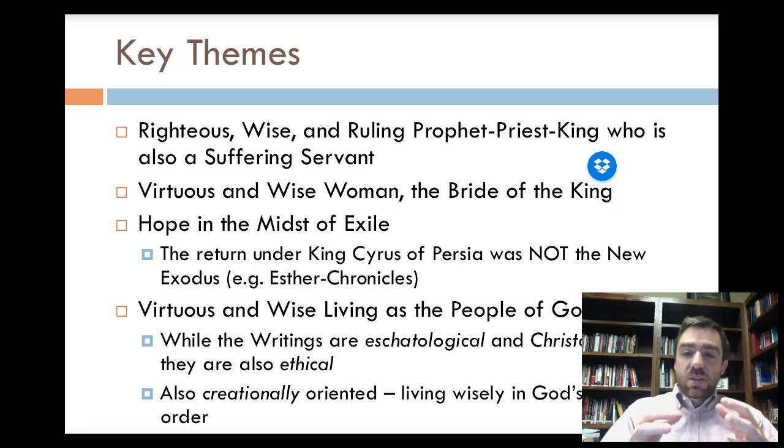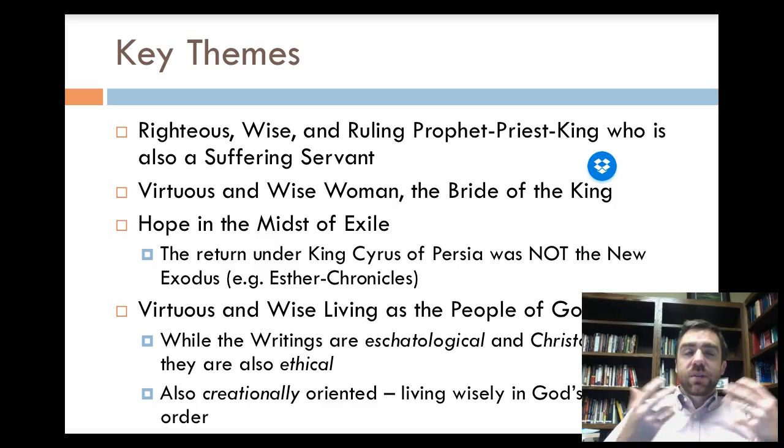In other words, the message is that the return under King Cyrus in Ezra and Nehemiah is not the new Exodus that the former prophets are looking for, or the latter prophets. And it's also talking about how the people of God can live virtuously and in wisdom. So they're eschatological and Christological, but they're also ethical, and they're creationally oriented. How do you live in God's place?